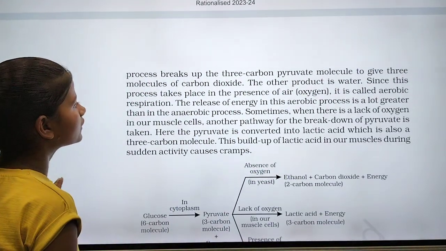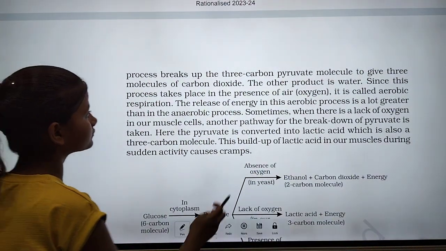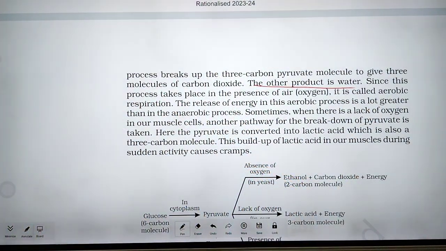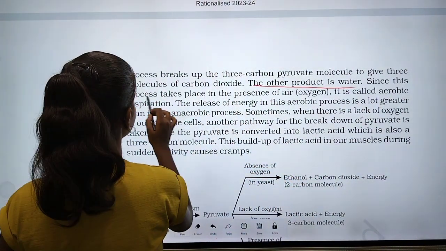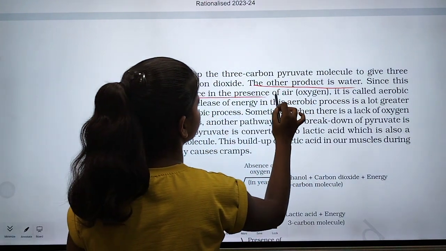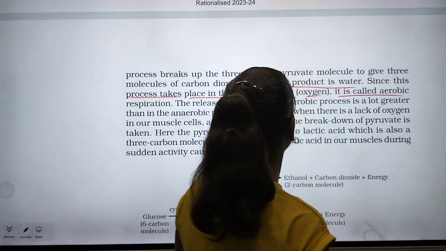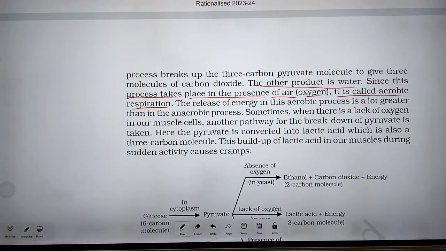The other product is water. Since this process takes place in the presence of air, it means oxygen, it is called aerobic respiration. In aerobic respiration, oxygen is present, but in anaerobic respiration, oxygen is absent.